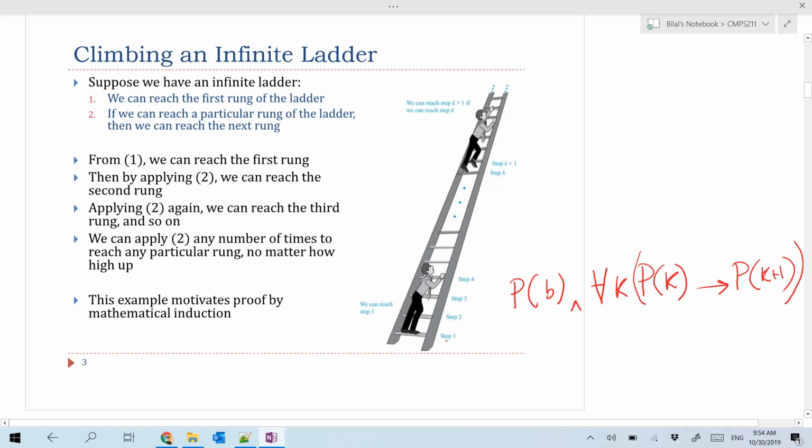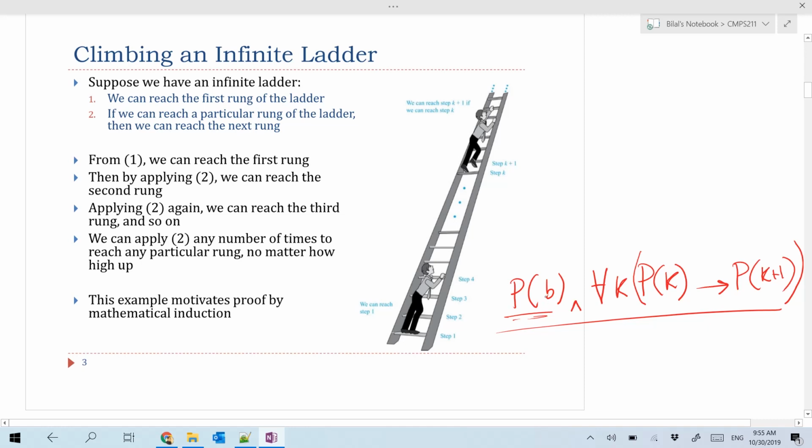Then using this property and this fact, we know that using modus ponens, since P of b is true, then necessarily P of b plus 1 is true. So because of this implication here, and because of P of b, we can assume that P of b plus 1 would be necessarily true.